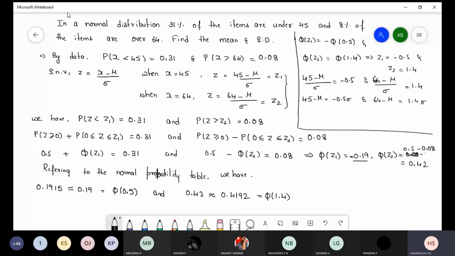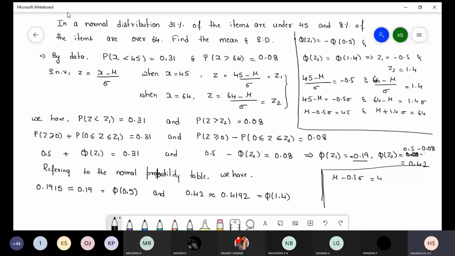So I write here mu minus 0.5 sigma is equal to 45, and mu plus 1.4 sigma is equal to 64. Now we have to use the method of solving these two equations simultaneously. So mu minus 0.5 sigma is equal to 45.